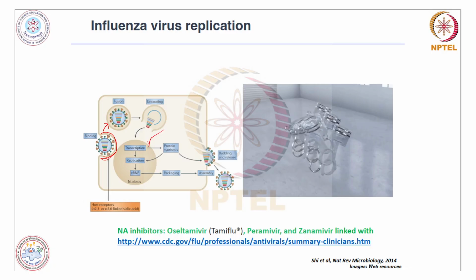Then after this uncoating, transcription, replication and synthesis of viral nucleoproteins happened here. Then again it was packaged into a viral assembly and this assembly attached here on the cell surface. Then this formed a bud and it was released outside again. So this is the simple mechanism that we have just discussed in the previous slide.